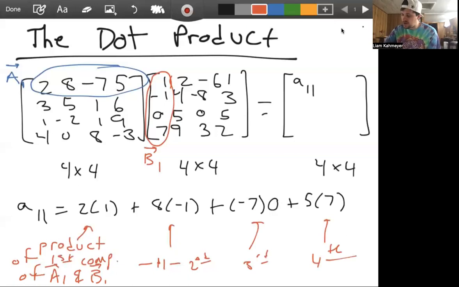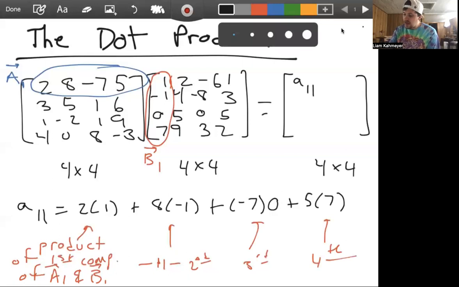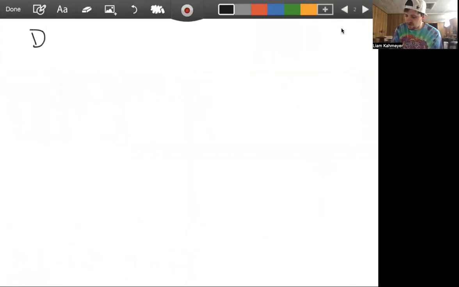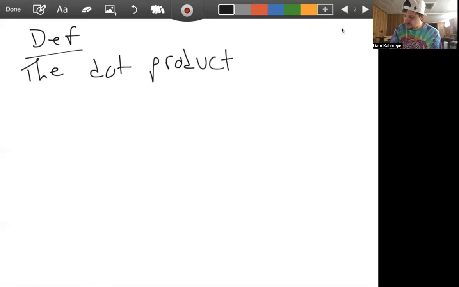And let's see what the dot product of a vector is, and then I'll come back and compute the dot product of these two to see that what we did was just take a dot product, right? So here's a formal definition. The dot product of two vectors.